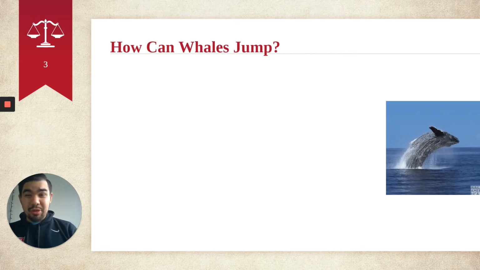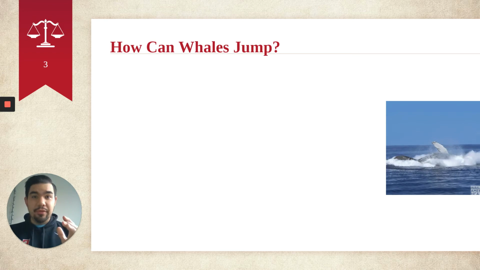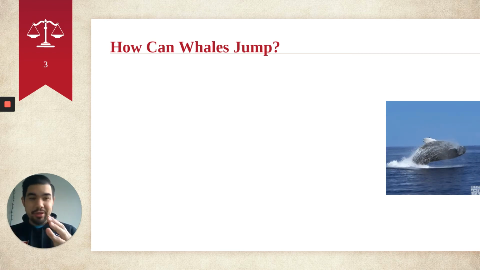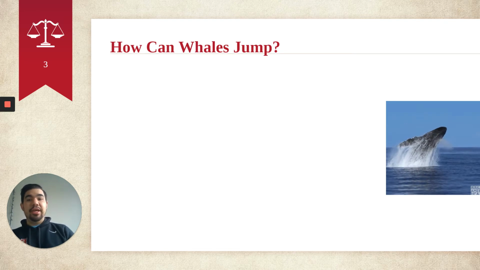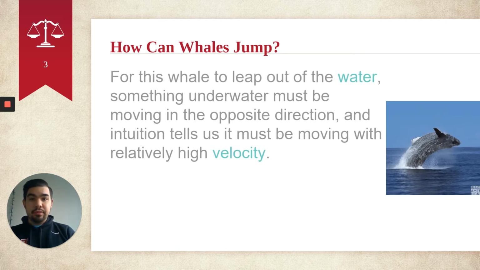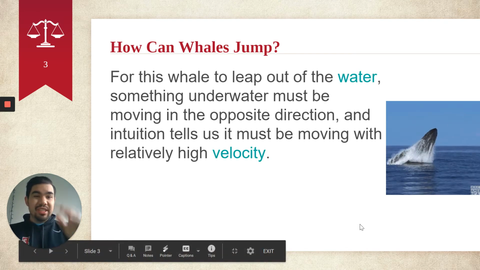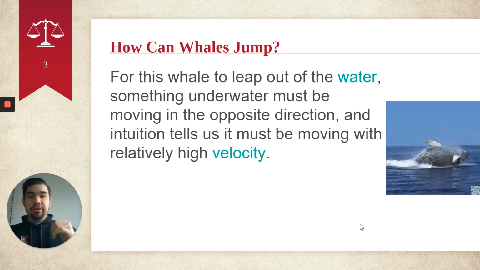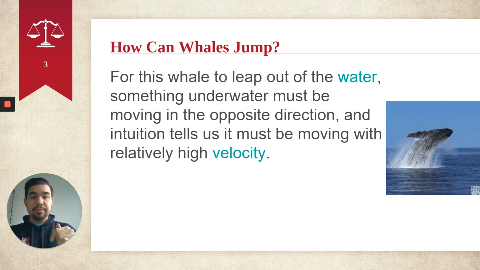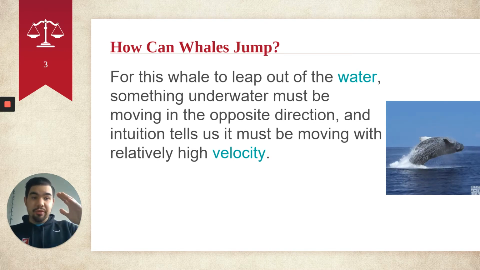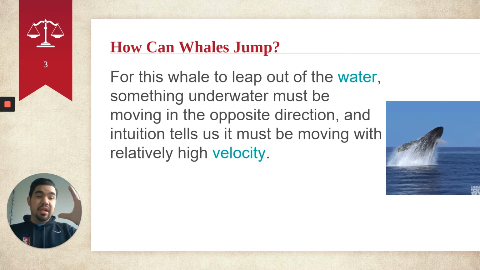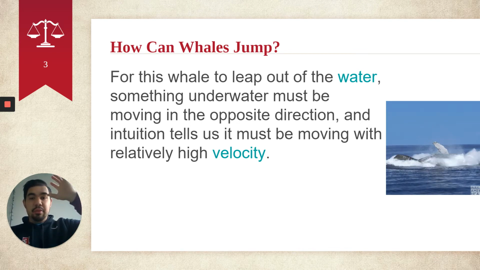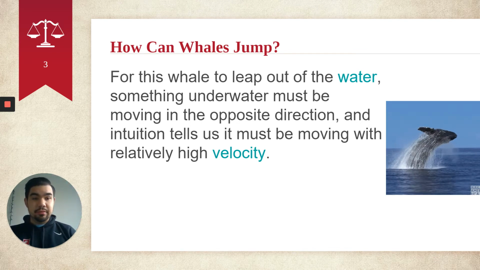All right, so I just want to start with a quick little example of how can whales jump? Obviously, whales swim in water. You don't find them chilling up on land. For this whale to actually get up out of the water, something under the water must be moving in the opposite direction. If we're going to take this object with a ton of mass and move it up, then it must be moving with a pretty high velocity.